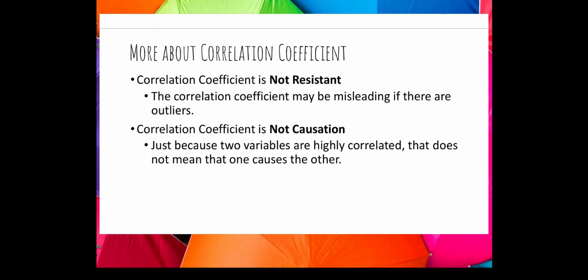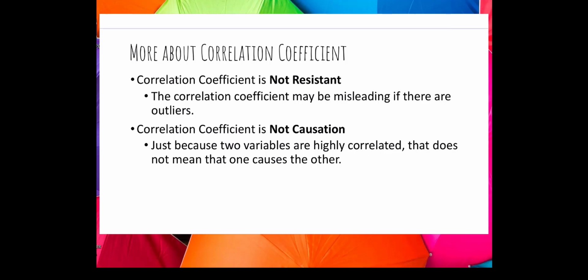If you have outliers, those extreme values, they will affect the correlation coefficient, and therefore the correlation coefficient could be a little bit misleading if those outliers are indeed part of the data set. The other thing that's important to note is just because two things are related, it doesn't mean that one causes the other. So correlation is not causation.